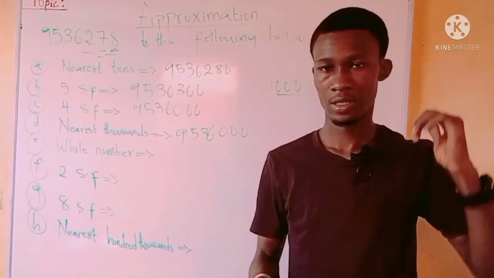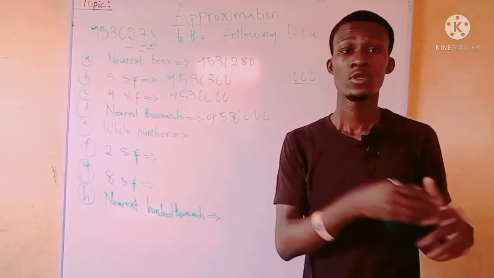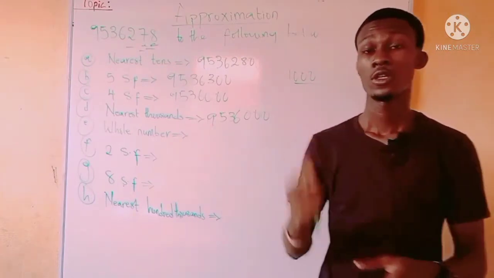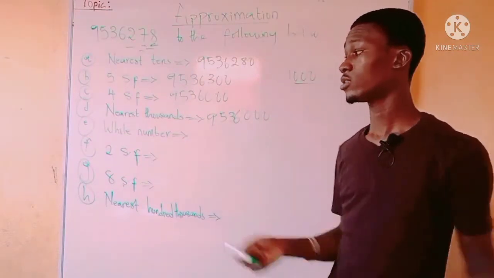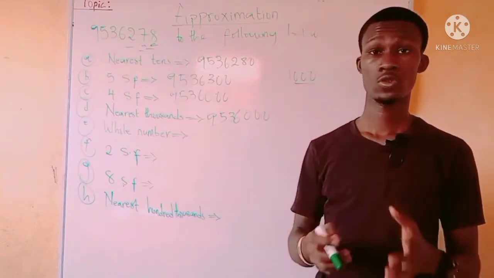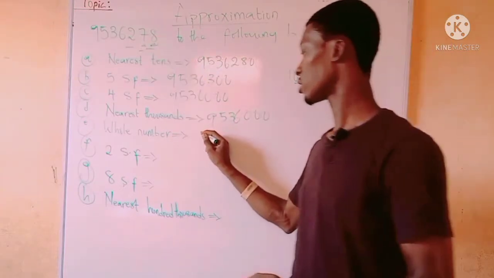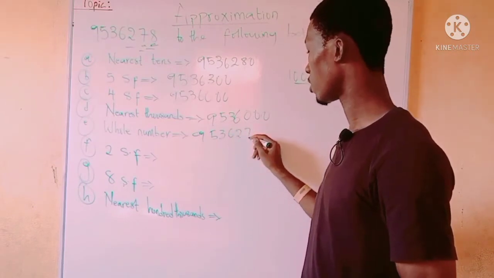So any other thing apart from these can never be a whole number. So in short, whole numbers can be 1, 2, 3, 4, 5, 6, 7 and counting. So if you are seeing a whole number over here and we are told that we should just write out the whole number, we can just pick out this question and put it there. That is our whole number. 9, 5, 3, 6, 2, 7, 8.